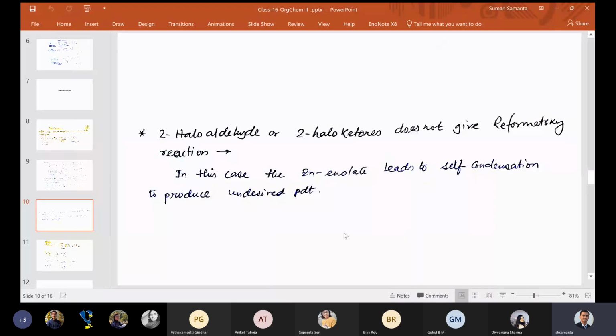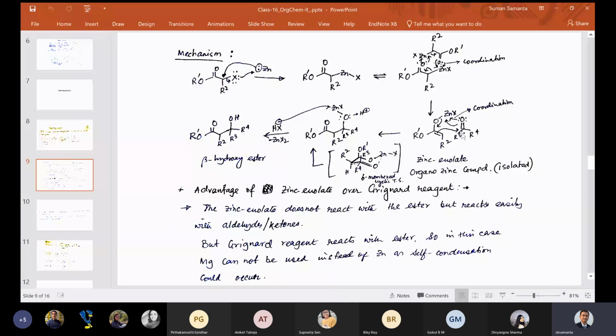This question also came in some exams sometimes. It says that 2-haloaldehydes or 2-haloketones do not give the Reformatsky reaction. So if this is your aldehyde or ketone, you should not have a halogen in it. In that case, what happens? Zinc has an affinity towards this halogen atom.